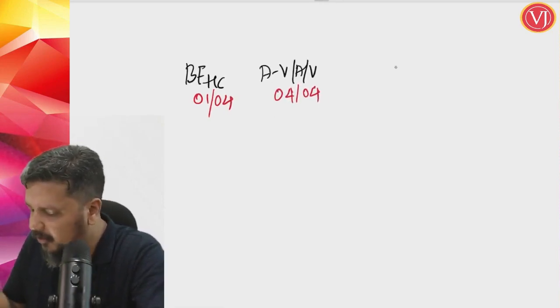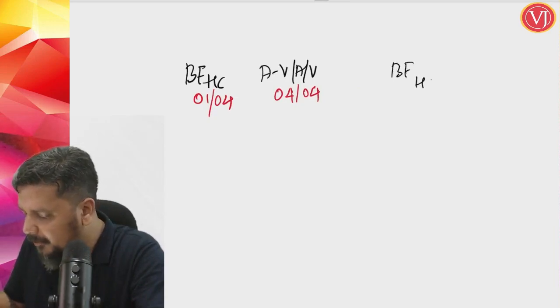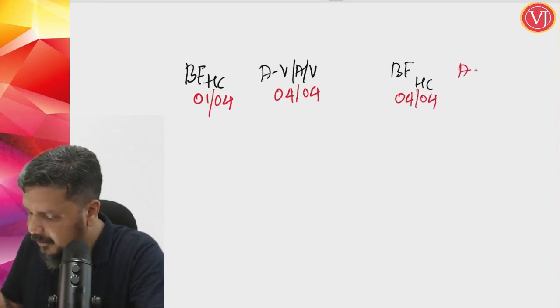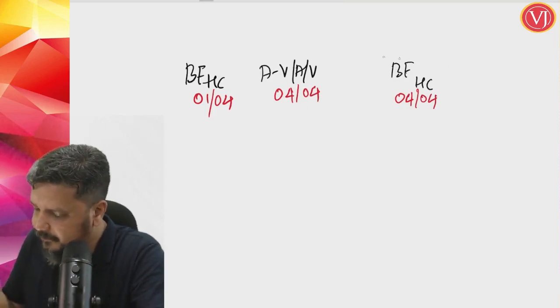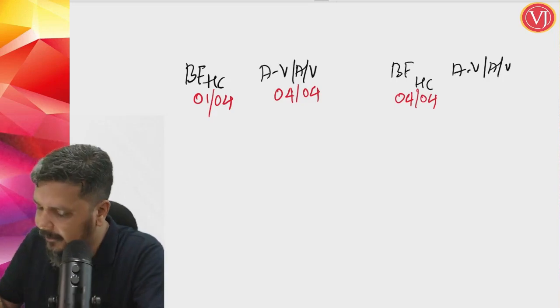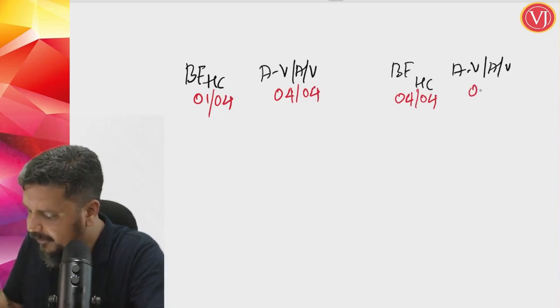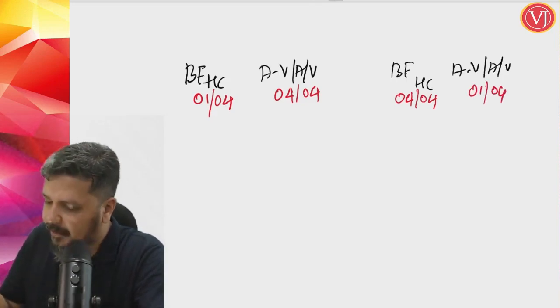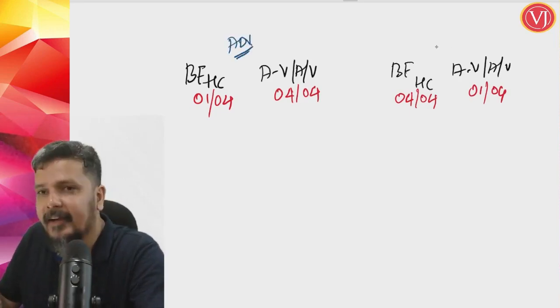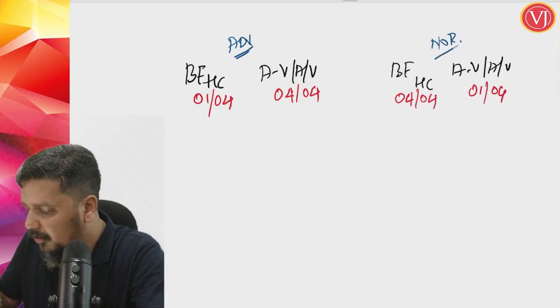Another scenario: bill of entry for home consumption is filed on 4th April and arrival of your vessel, aircraft or vehicle is 1st April. First is a situation of advance bill of entry. Second is a situation of normal bill of entry.